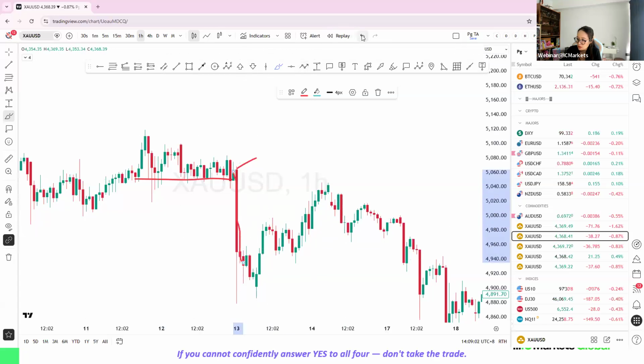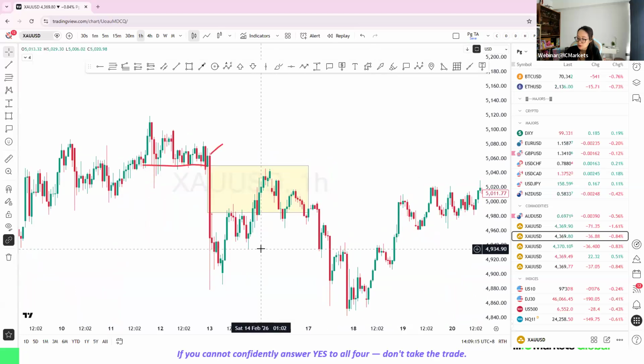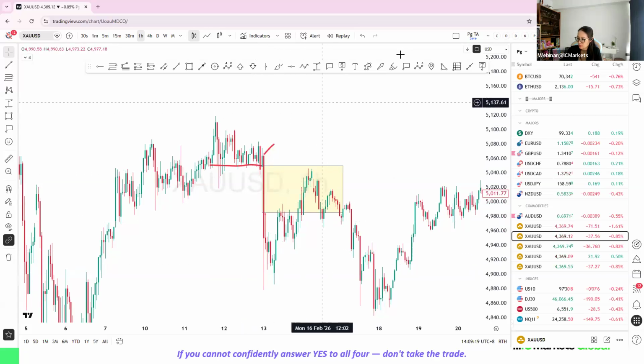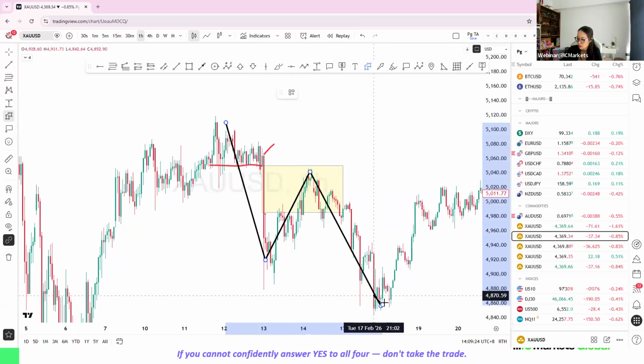After that, they created the FVG, from this to this. This is a sell zone, right? After that, what do you see? Break, pull back, breakout, pull back, continue, right?